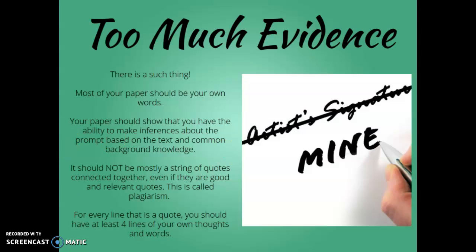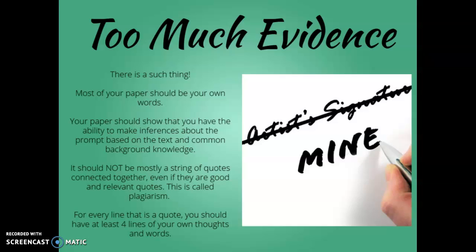And then another thing is too much evidence. Yes, there is such a thing. Too much evidence is when you have given me a quote and then you want to elaborate on that quote with another quote, and then you elaborate on that with another quote. Before you know it, you don't have hardly any words that are your own, and most of your essay is just quotes from the text set.